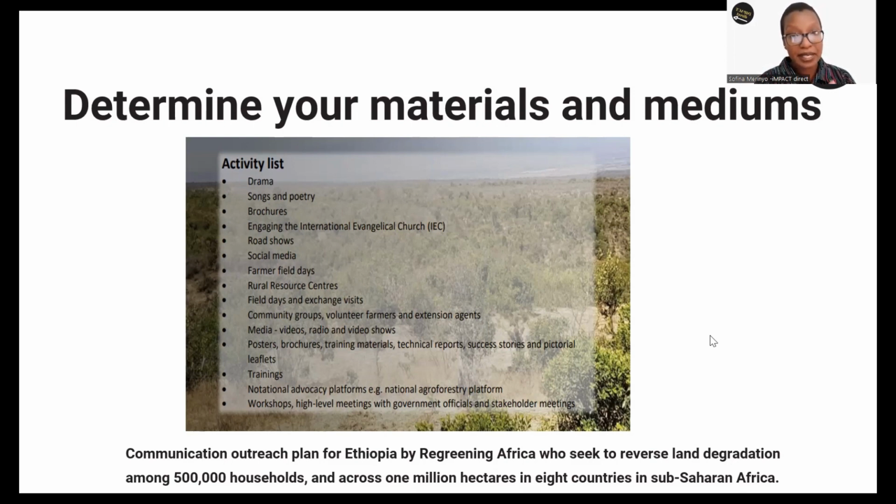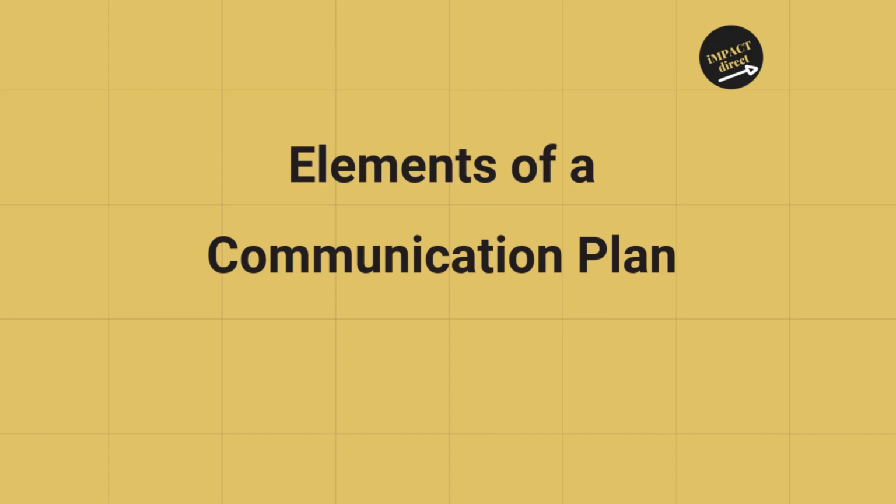They will definitely print out posters, brochures, training material, and technical reports. They will have trainings. They will have advocacy platforms, and they will have high-level meetings and workshops with government officials and stakeholders.